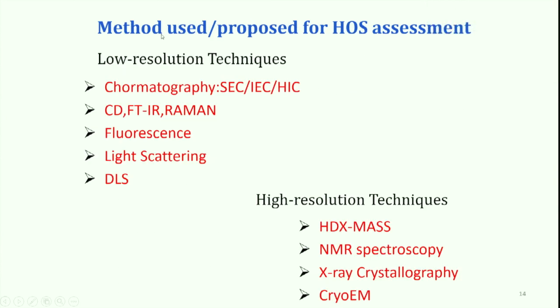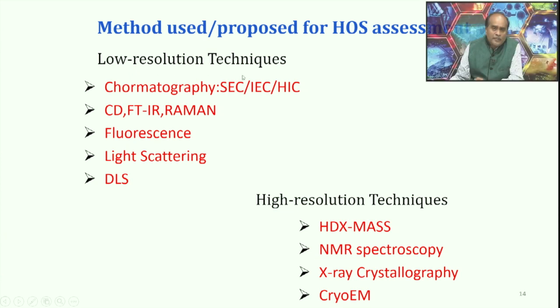Now, typically methods that are used for higher order structural analysis are as follows. There are many low resolution techniques, something like chromatographic techniques. So what you do, you purify protein, run on size exclusion chromatography, ion exchange chromatography, or ion chromatography, all of these, and see what is the retention time, whether both the RLD and your biosimilar product are eluting at the same time or not. So this is one of the techniques to establish.